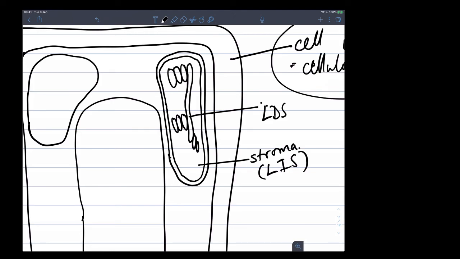Again, we have this structure in order to maximize the surface area of the thylakoid membranes, so we can contain more of these electron carriers and proteins to increase the efficiency with which light can be captured by the photosynthetic pigments, and therefore the productivity of the plant can be maximized. Okay.